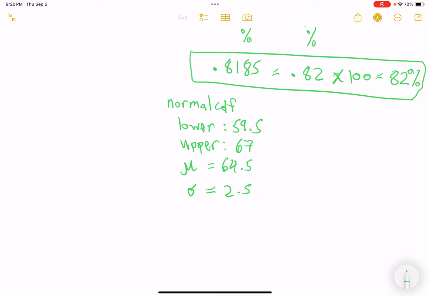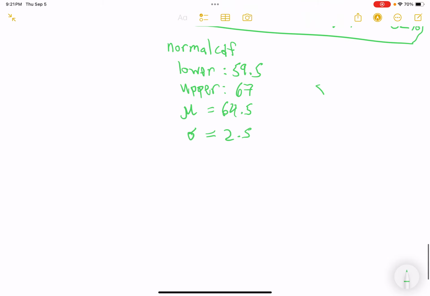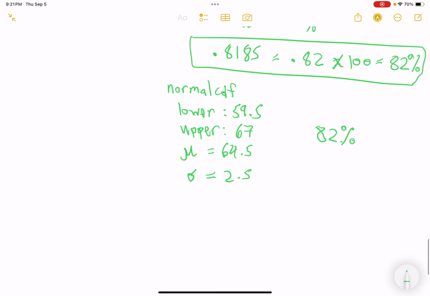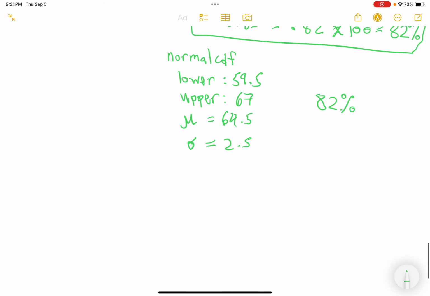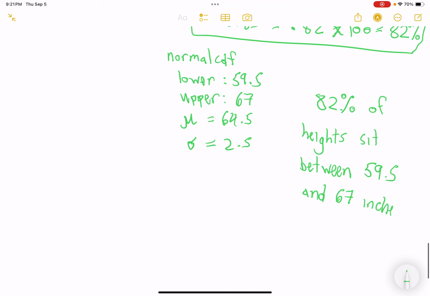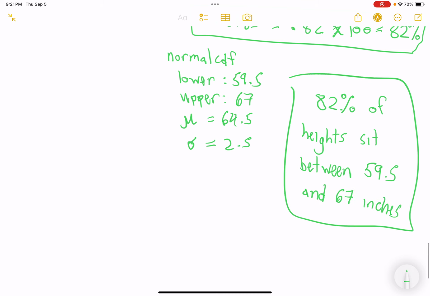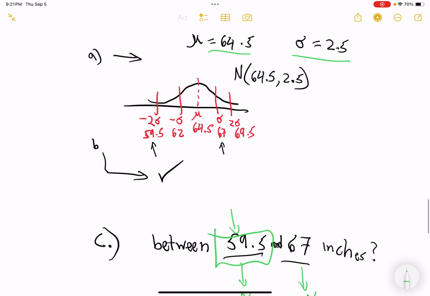And the last thing we would say is 82% of heights in this case sit between 59.5 and 67 inches.